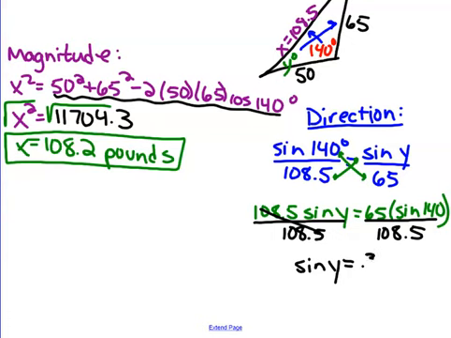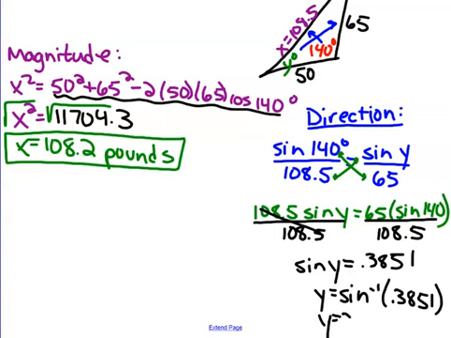I get about 0.3851. I'm going to hit second sine of that, and I get 22.6. Okay, so remember then, that's not really my direction, but it's almost my direction.